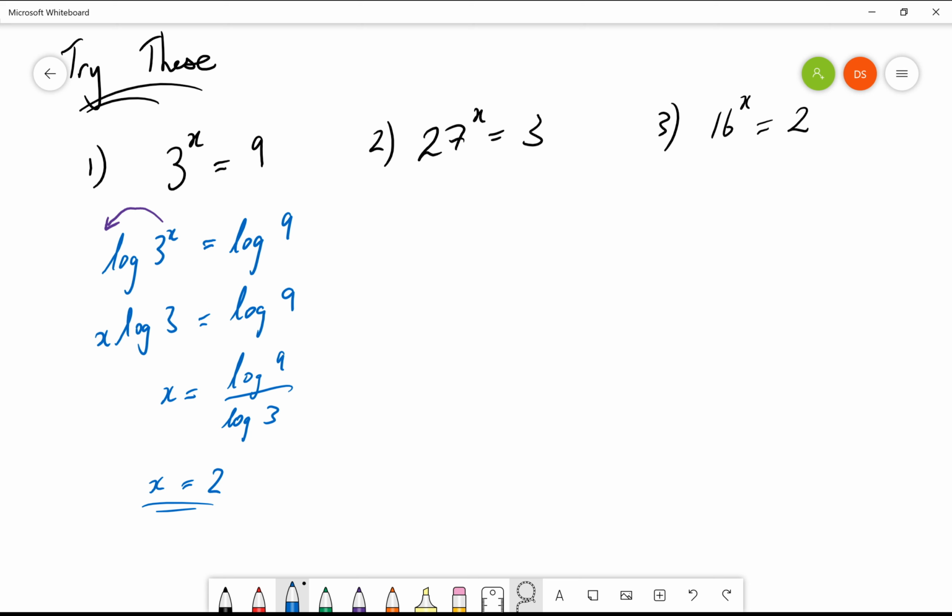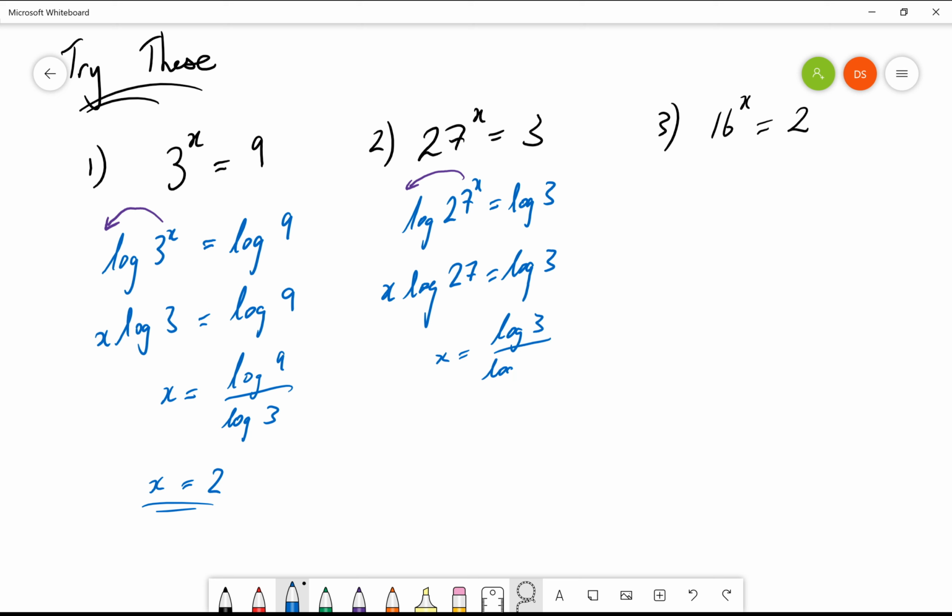Similarly, I'm going to do the same for this question. I'm going to log on both sides. This time I picked a number bigger on the left-hand side and a smaller on the right-hand side to show you it doesn't matter. I'm going to use the log rule to move the x to the front. And then I'm going to divide both sides by log 27.